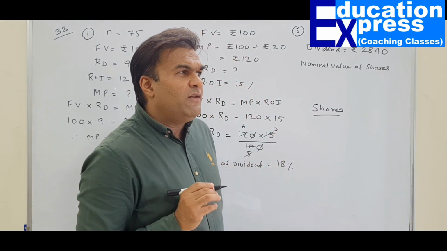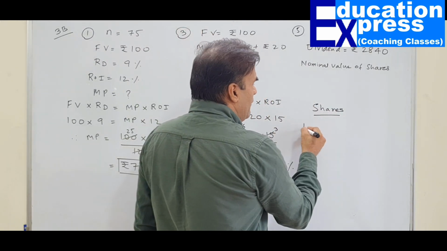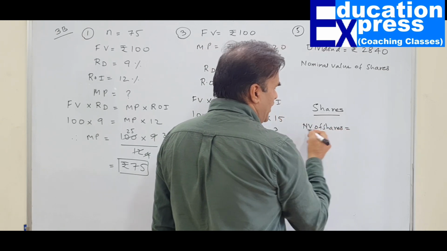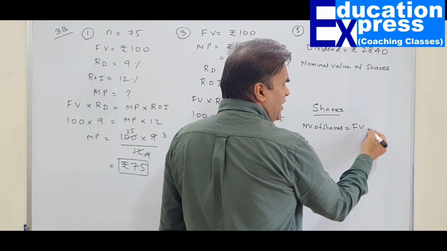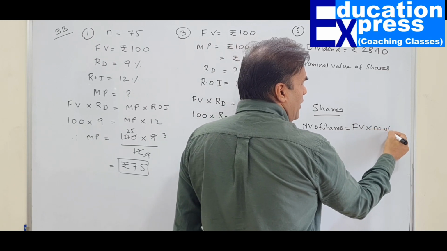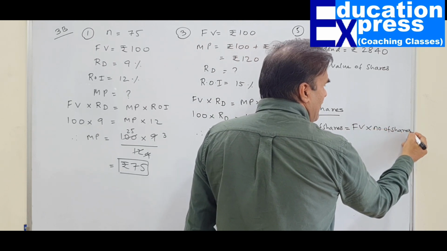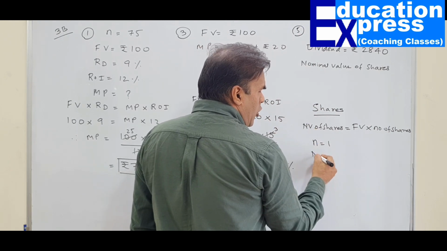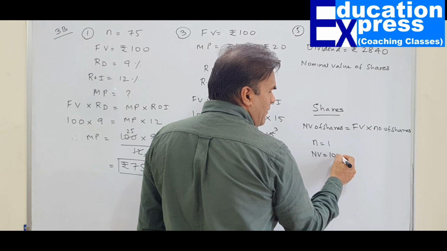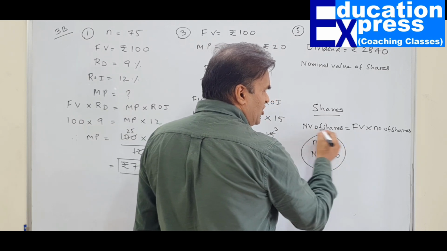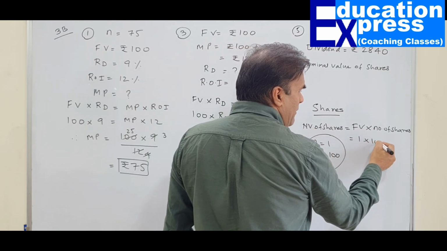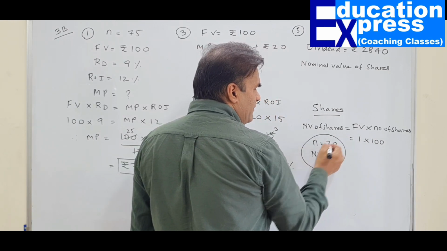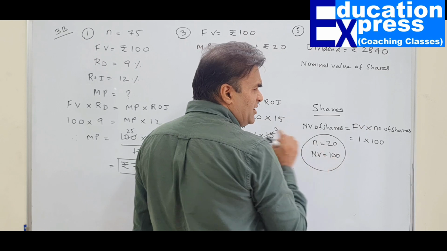So first, what do you mean by nominal value of shares? Nominal value of shares would mean face value of shares multiplied by number of shares. Suppose the person has one share and the face value is 100, the nominal value would be 1 multiplied by 100. But if the person is holding 20 shares, the nominal value would be 100 multiplied by 20, which is rupees 2000.